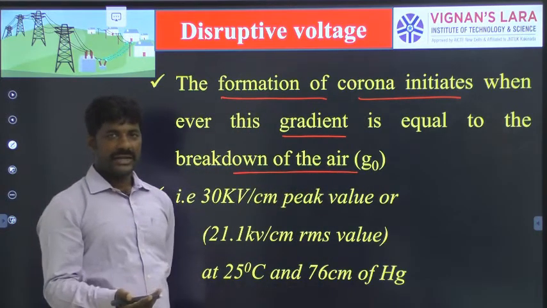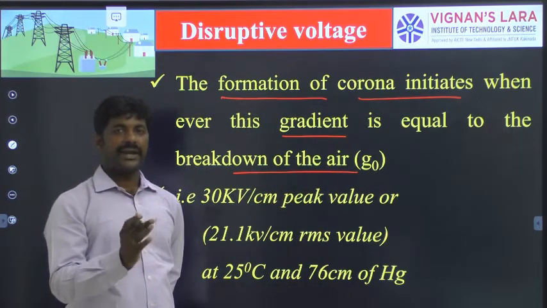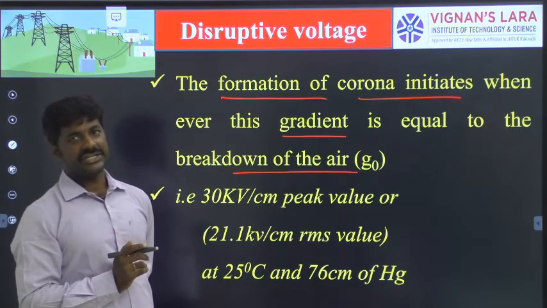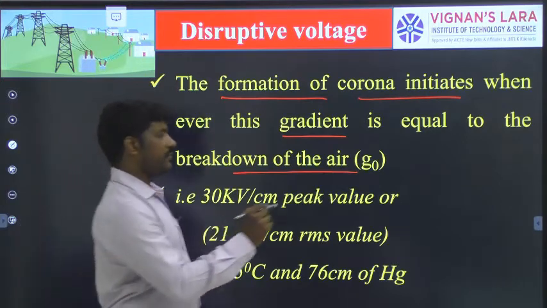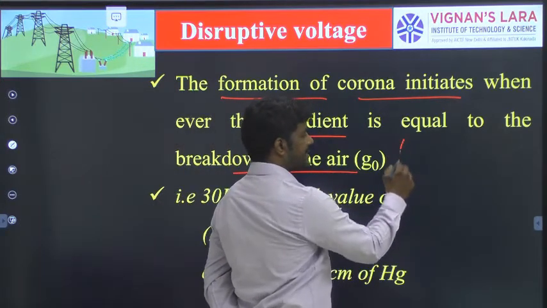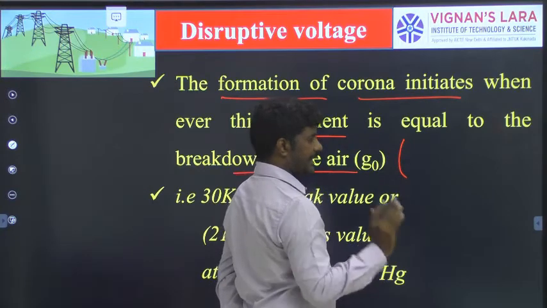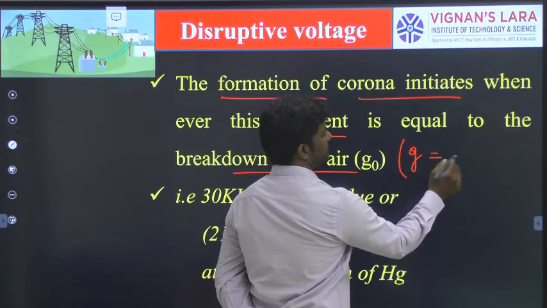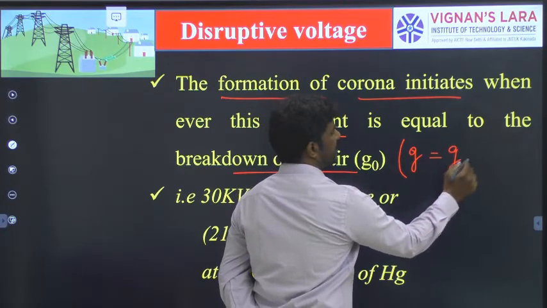Ionization or breakdown of the air around the conductor is initiated at the voltage VD, the disruptive critical voltage, and it occurs completely only if this gradient value is equal to the gradient of the air.